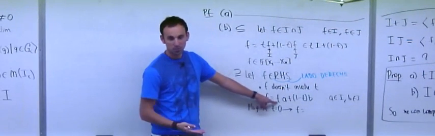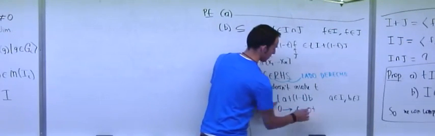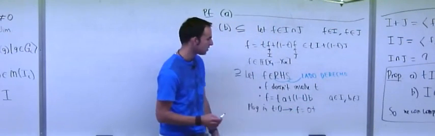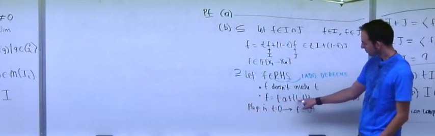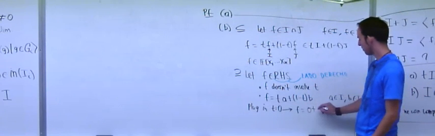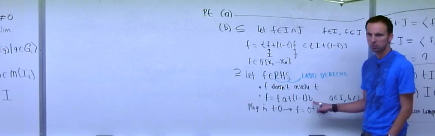What about this term? Well, t is 0, so this term disappears. 0 times a is 0. Now here, 1 minus t becomes 1. And what happens to b when I plug in t equals 0?